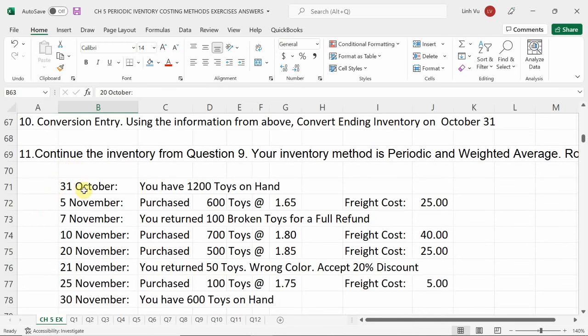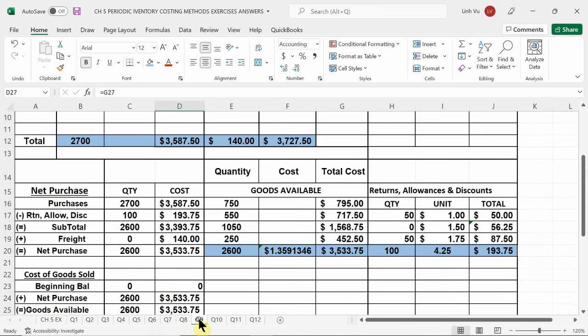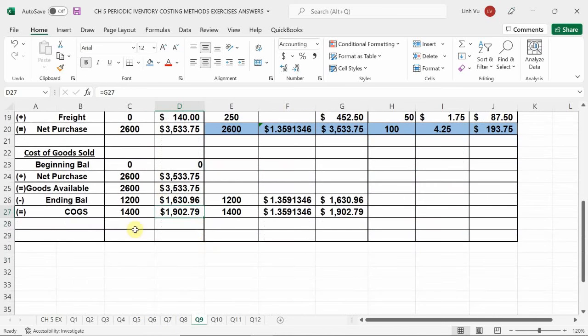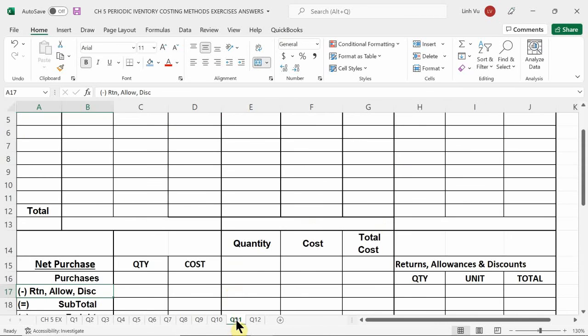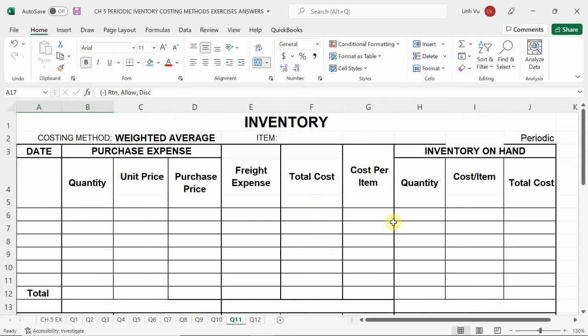On October 31st, you should have a total of 1,200 toys on hand. And we know that for a fact because that's what we solved for in our inventory worksheet. We had a total of 1,200 units at a grand total cost of $1630.96. So all I have to do is copy that information right here in my inventory on hand, okay?